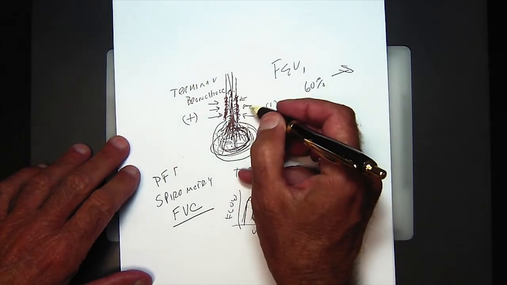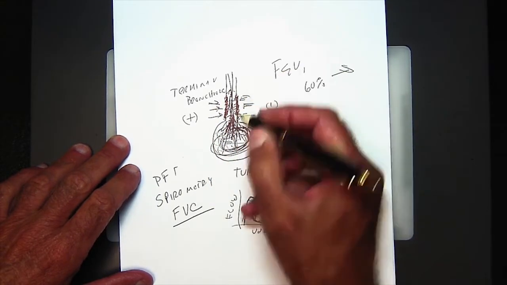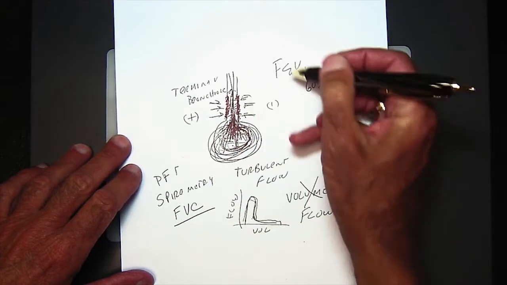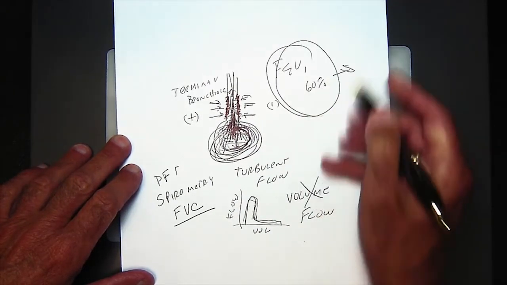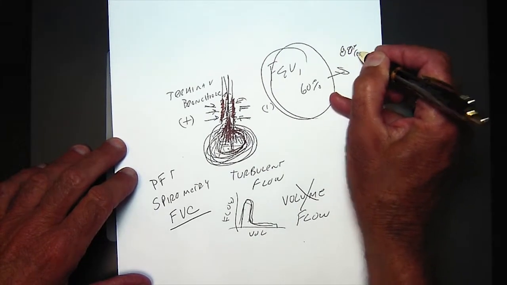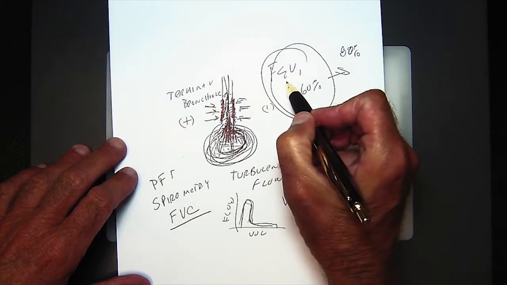We're looking at the fact that during the forced expiration, the walls collapse. So all that volume that's in here becomes trapped. So at 1 second, it's usually less than 80% of predicted. So again, their FEV1 is going to be decreased.